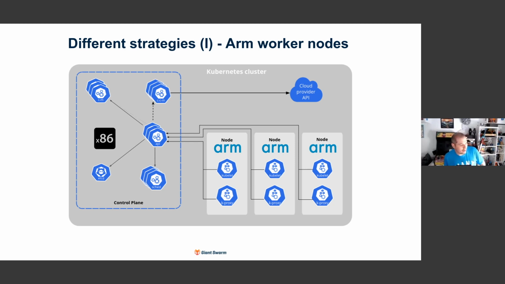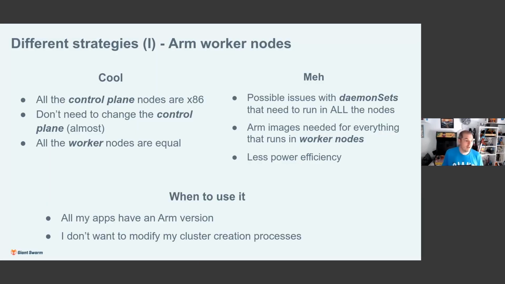The first one is, okay, I have my cluster, my control plane. My control plane will be working on x86 nodes. So it's like before, but I will change my x86 worker nodes to ARM nodes. These ARM nodes will run the applications that I want, and the control plane will just take care of things. What's cool about this? The control plane nodes are still x86, so you don't need to change how you deploy or configure your control plane.